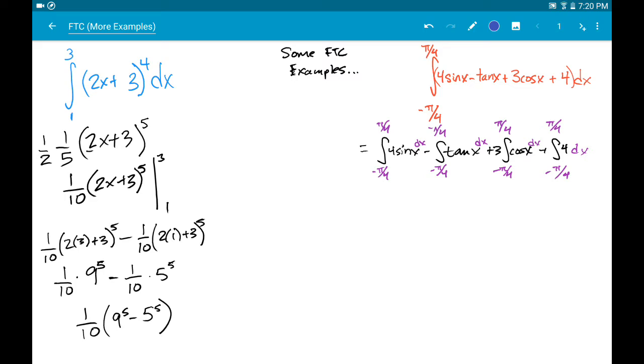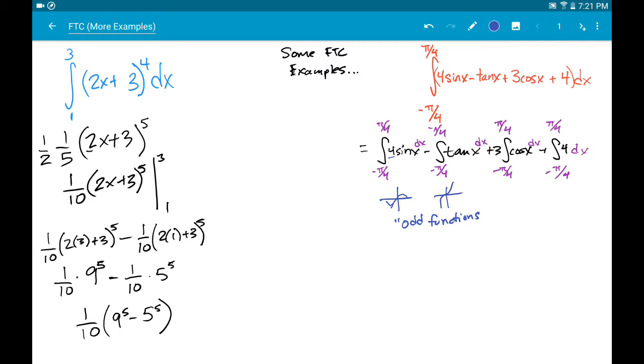Anyway, what's cool about some of these functions is, you got a sine graph with an amplitude of 4, you got a tangent graph, you've got a cosine graph and a 4. But I want to point out these first two because both of these are odd functions.